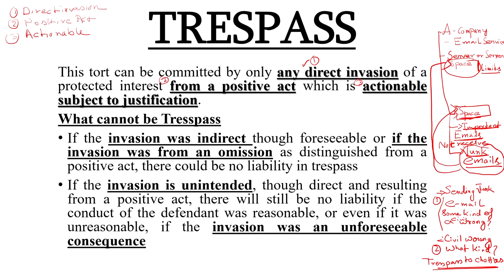So these are the three very important connecting factors for any type of trespass: direct invasion, positive act, and actionable per se, actionable subject to justification. Now the question is, what cannot be trespass?